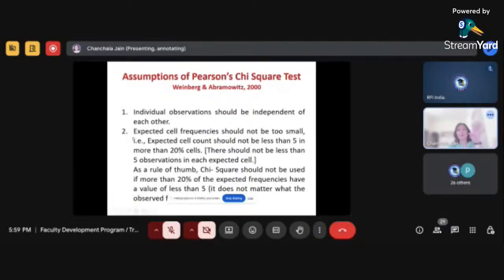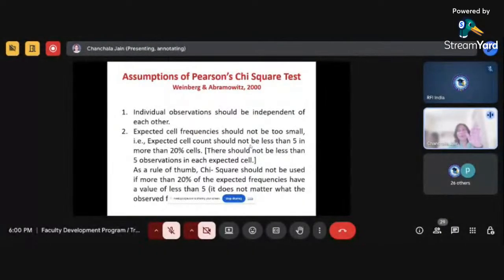If you have the expected counts available, you need to check that if it is less than 5 in 20% or less than 20% of cells, it is fine for you. But if this percent is more than 20, that is 25, 30, 35, that means if 30-35% of cells have an expected count less than 5, this is a violation of the chi-square test, right?